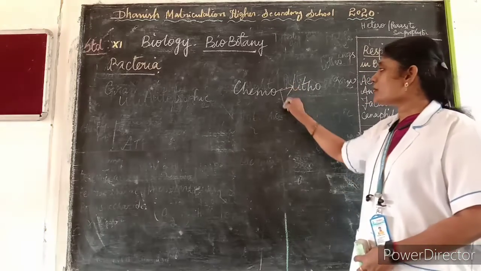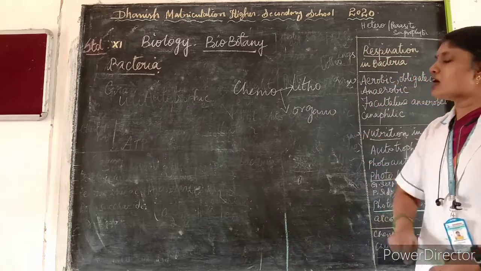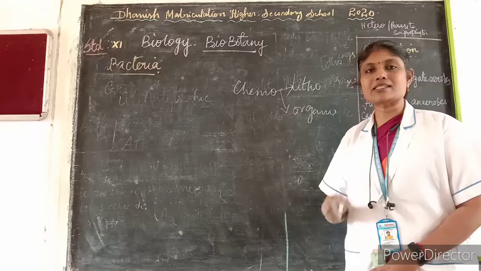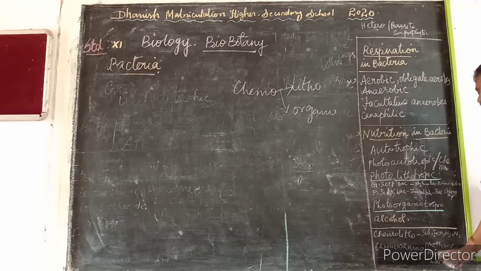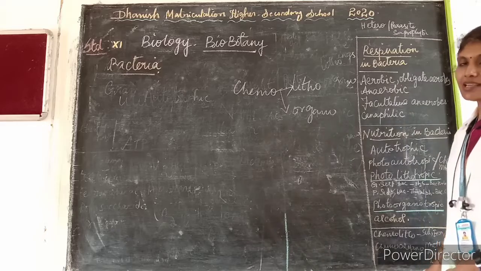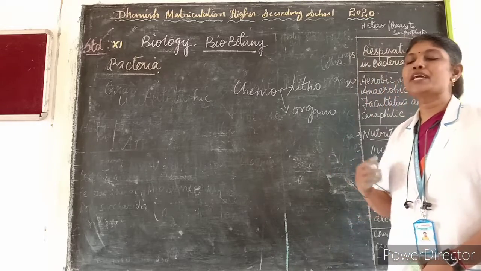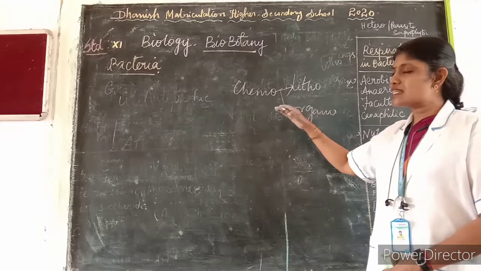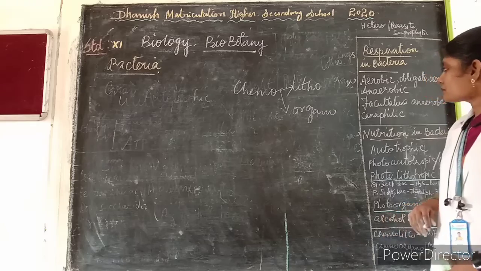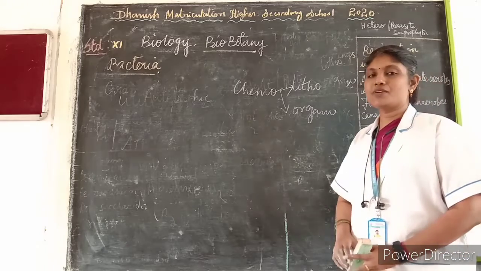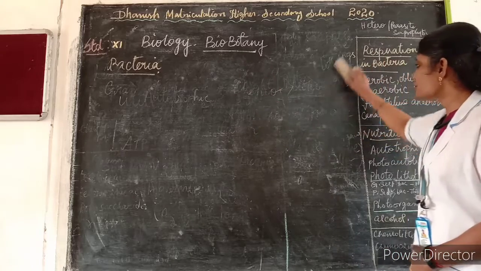Then coming to chemoorganotrophic bacteria, here organic material is used as a substrate. Methane, acetic acid and lactic acid are used as substrates for the production of energy. That is called chemoorganotrophic bacteria. Understood?